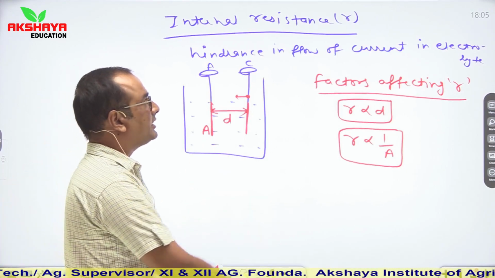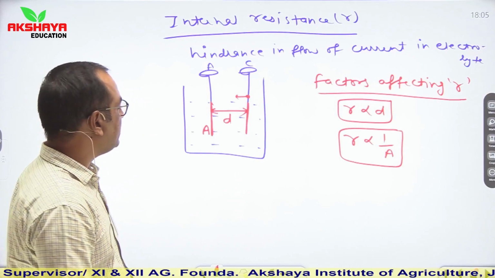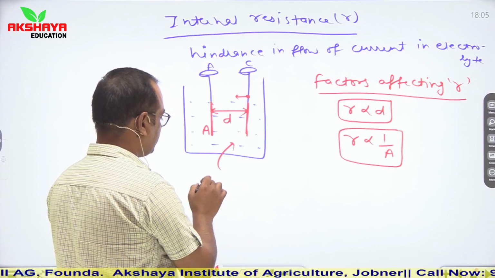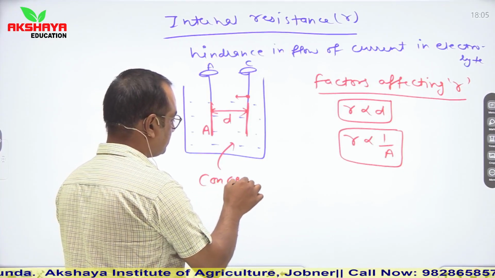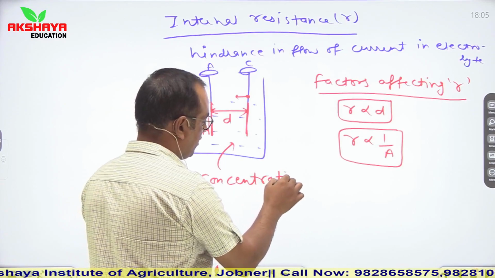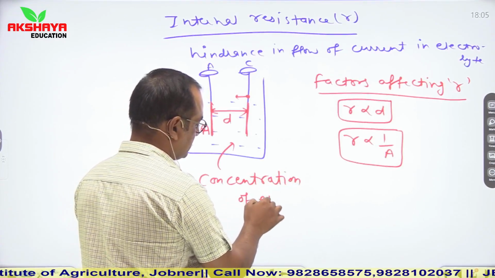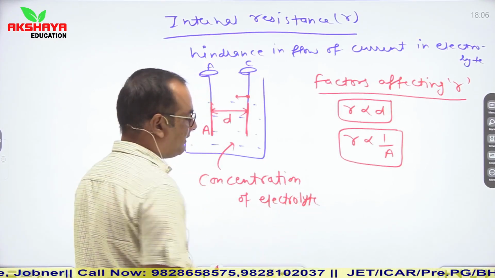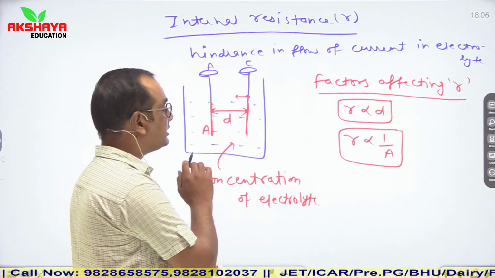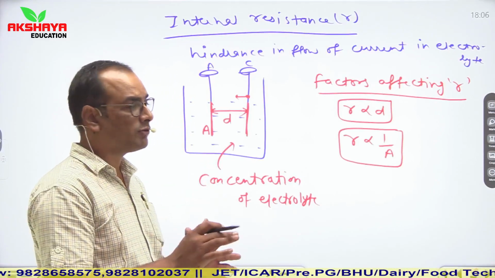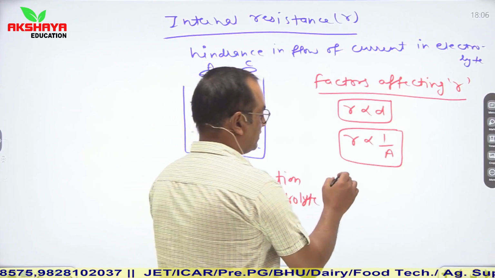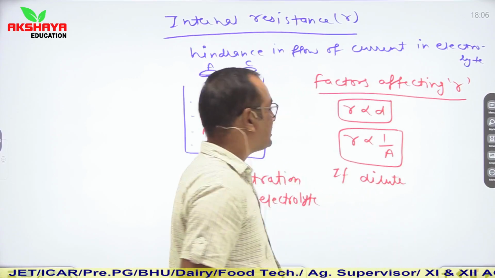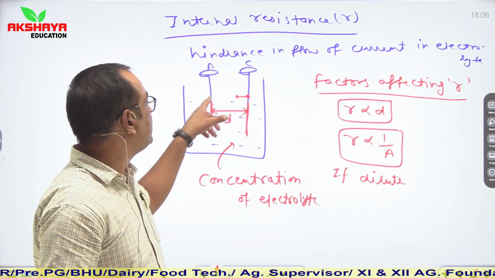Then the third factor which affects this internal resistance is the concentration of this electrolyte. So if I say that its concentration is low, it means it is dilute, or it is concentrated. If dilute, then this charge will easily travel to reach at anode.